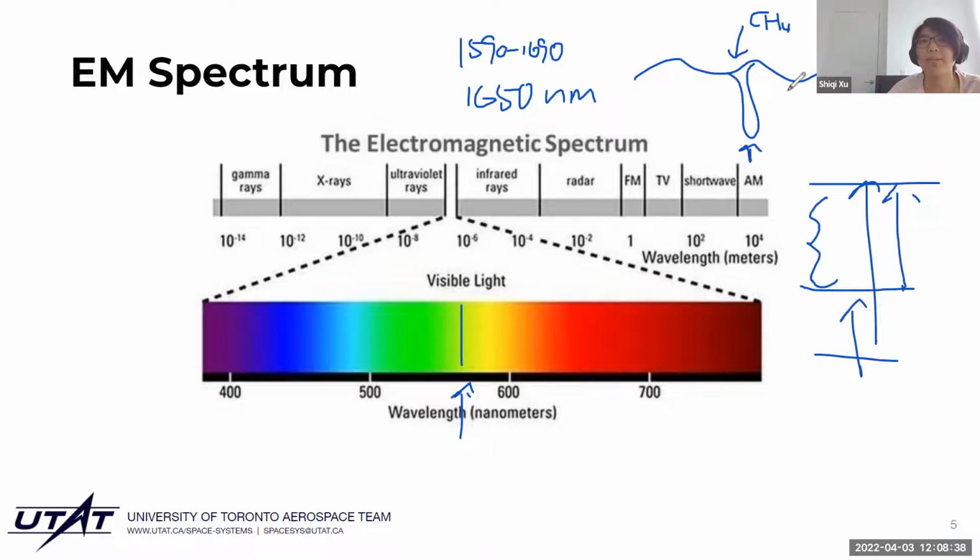That's where we're going to see, if it's a gas we're looking at, an absorption, because light that is otherwise present is absorbed and it's gone. So that's an example of absorption of methane.